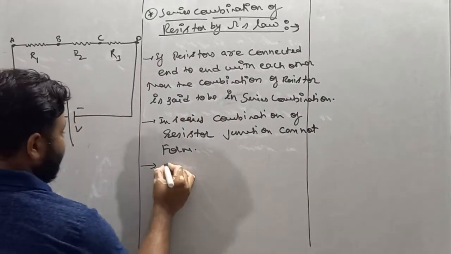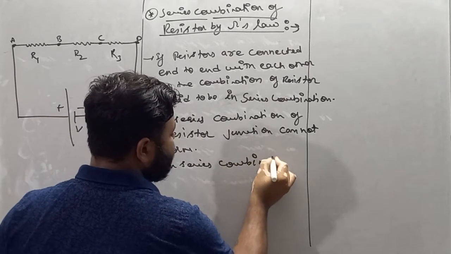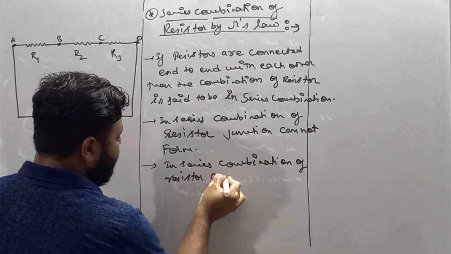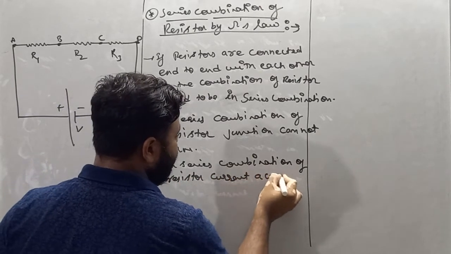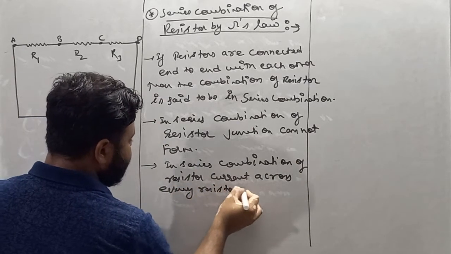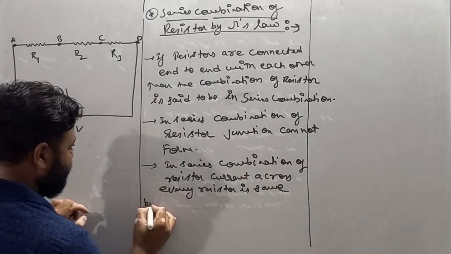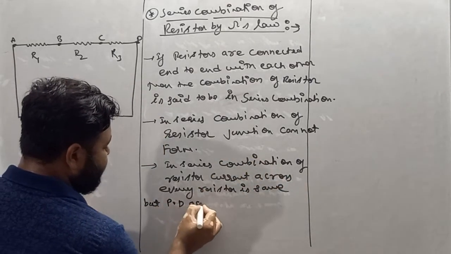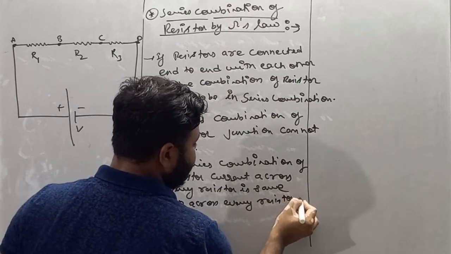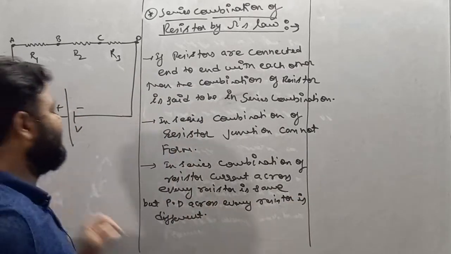So I'll write here: in series combination of resistors, current across every resistor is the same, but potential difference across every resistor is different.